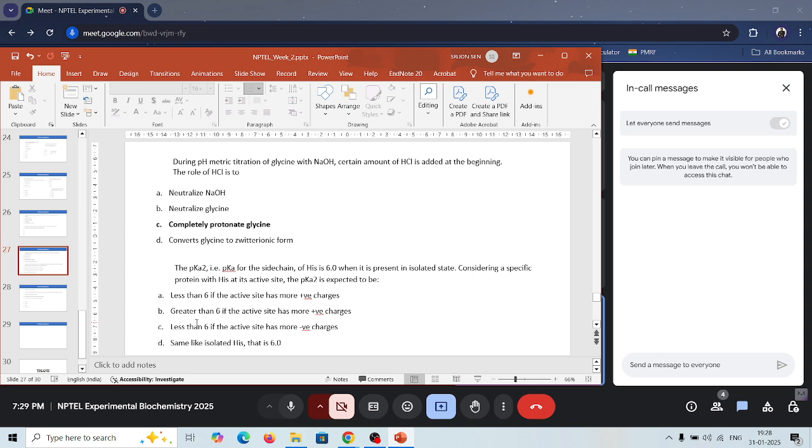The pK2 becomes lower than 6, because the positive charges in the active site will destabilize the positively charged histidine side chain. So a higher concentration of protons, that is lower pH, would be required to protonate the histidine side chain, thereby resulting in the lowering of pK. Therefore, less than 6 if the active site has more positive charges would be the correct option over here.